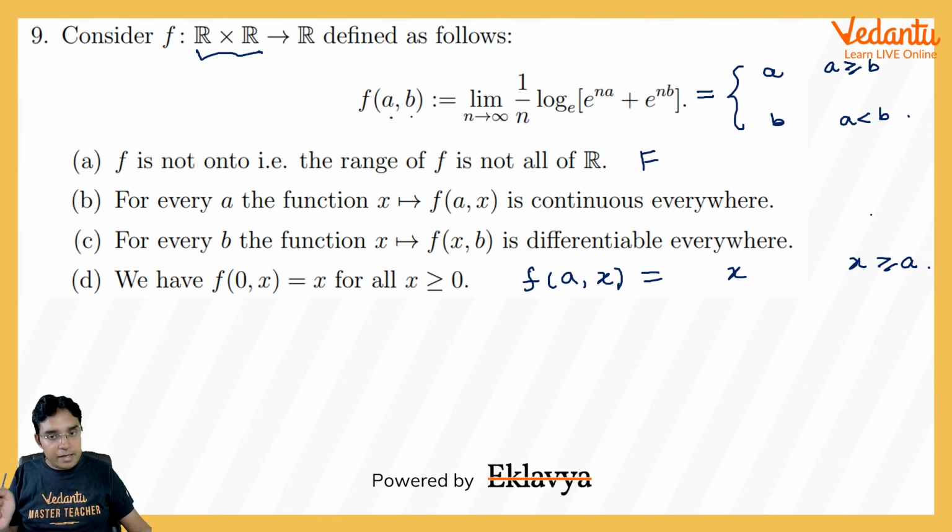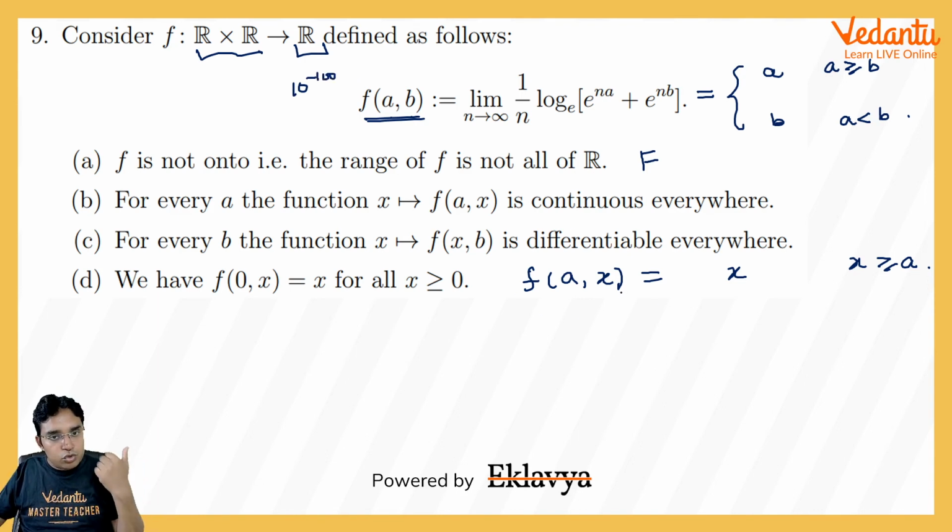I will tell you this in another way: choose any number from the entire real numbers, and I will tell you how you can obtain it as the value of this function. For example, suppose I want the value 10 power minus 100, which lies in R, to be the value of this function.